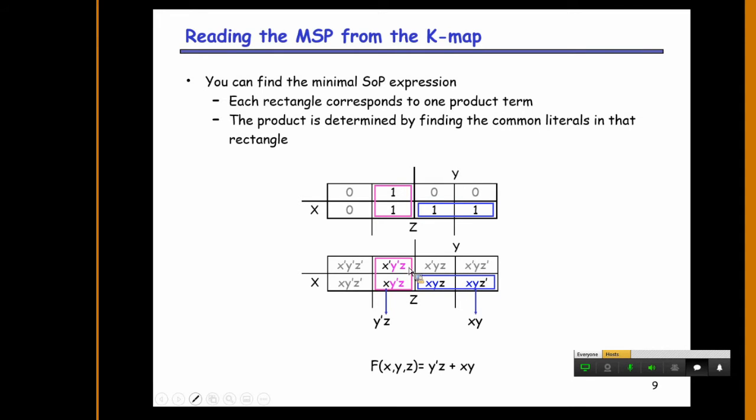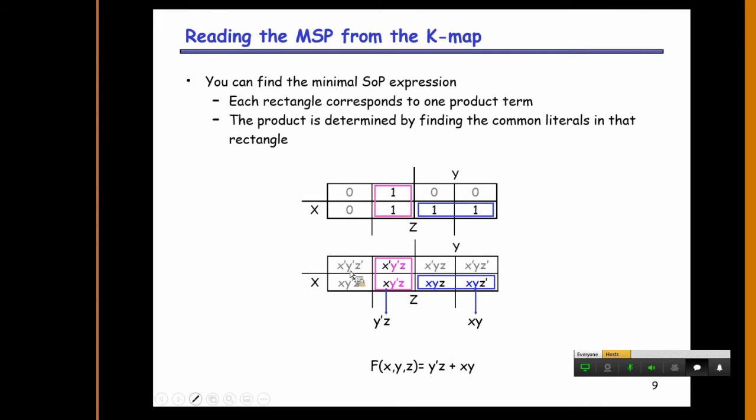And z in the M1 cell is without complement, whereas in M2 it is with the complement, z bar. So M1 and M2 have a two-variable difference. Hence these two are not adjacent. M1 is not at all adjacent to M2, whereas M1 is adjacent to M3.